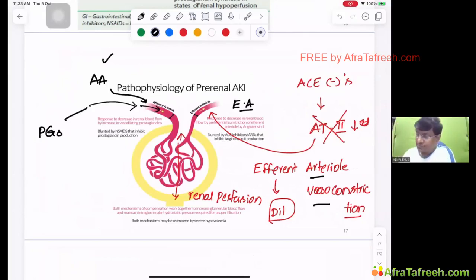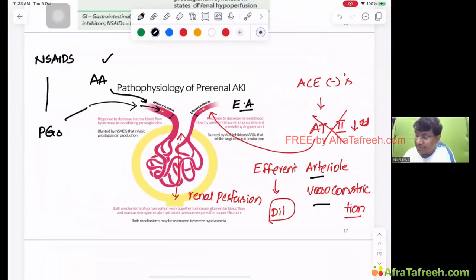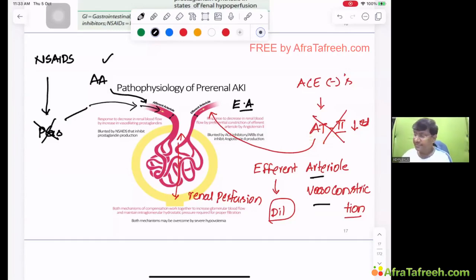But if prostaglandins are not there, in which scenario will they not be there? When the patient is taking NSAIDs. NSAIDs are prostaglandin synthesis inhibitors, thereby the afferent arteriolar dilatation does not occur. Once the afferent arteriolar dilatation does not occur, that will cause decreased renal perfusion.